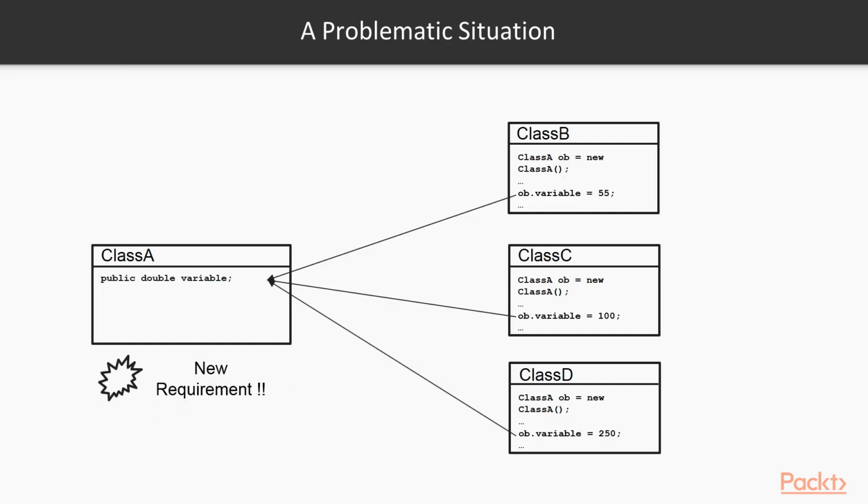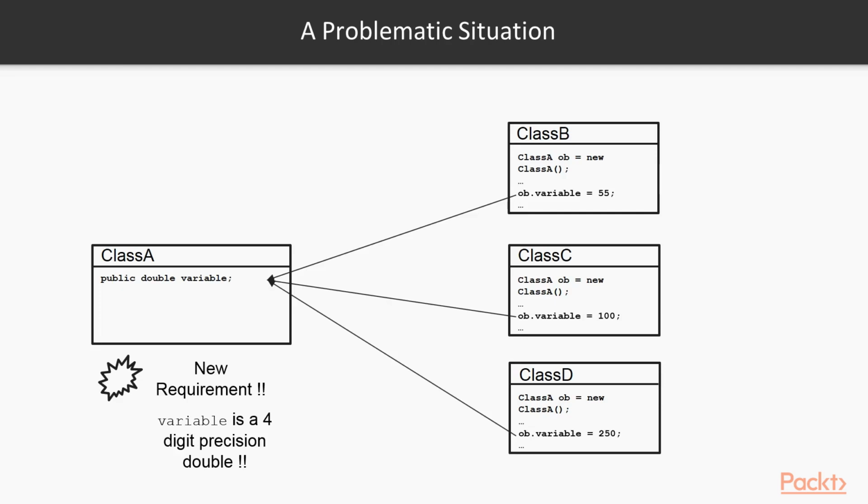With the event of a new requirement, for example, the variable is a 4-digit precision double, all the classes that change the value of the variable must be changed. This is the situation we have just looked into. It is a problematic situation because developers had to change code in several classes.